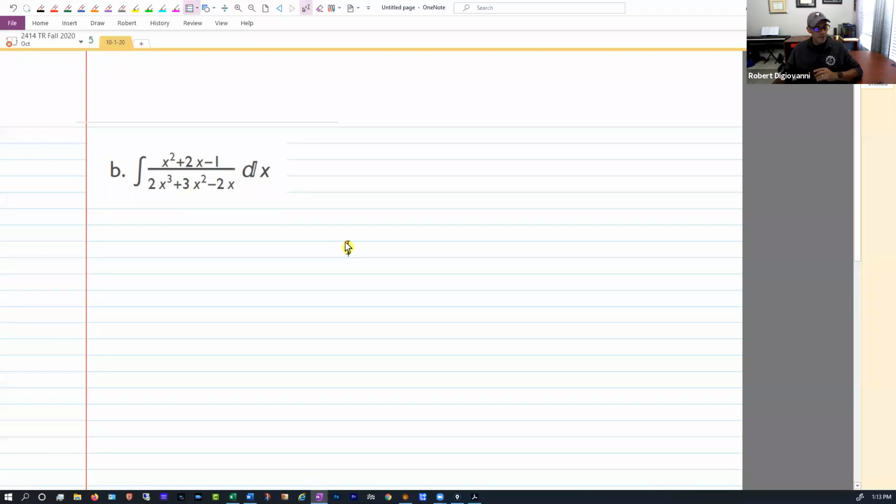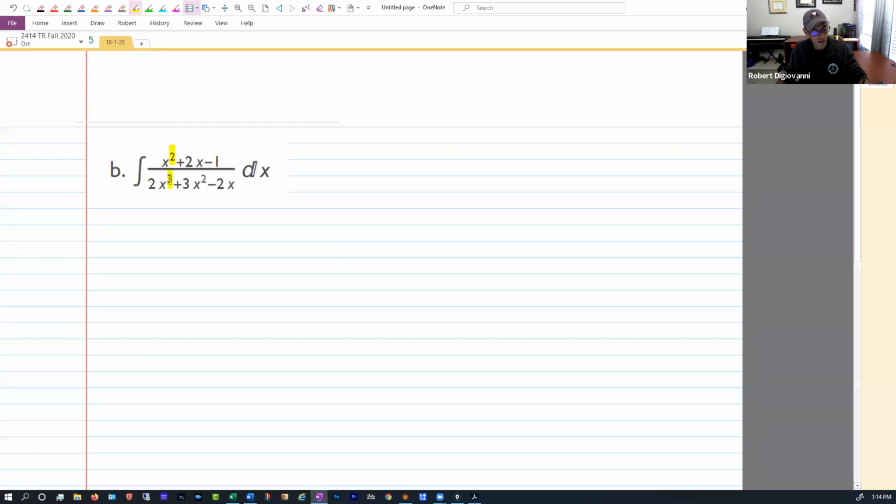Okay, first step, make sure that this isn't something that you can handle, right? Is this something we can handle? Sure doesn't look like it, does it? It is a rational function. You have a polynomial on the top, polynomial on the bottom. The degree of the numerator is 2.